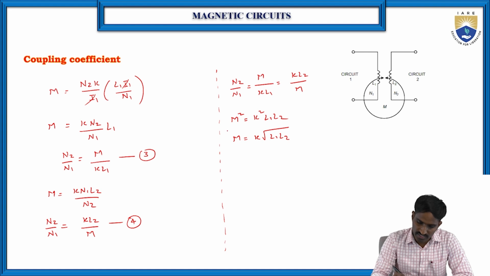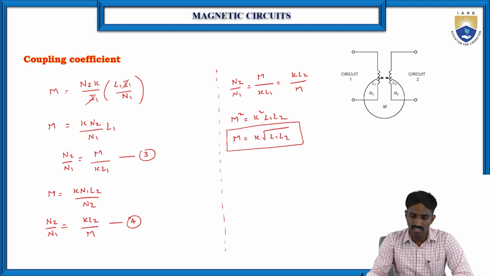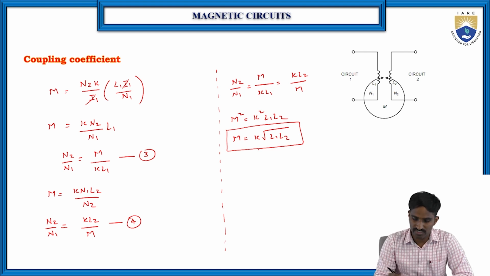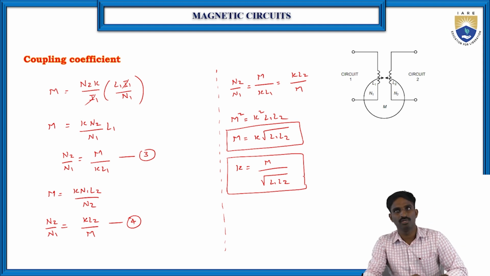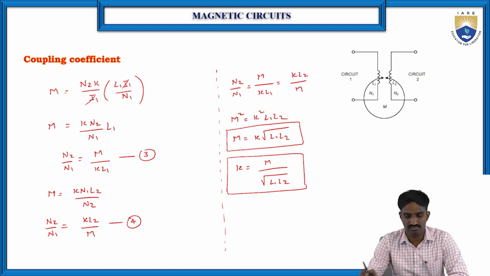So M is equal to K into square root of L1 L2. This is also one of the equations, the mutual inductance in terms of the coefficient of coupling. And from this equation we can also find the coefficient of coupling: K is equal to M by square root of L1 and L2. So this is how the equation which we used in the previous class is derived.